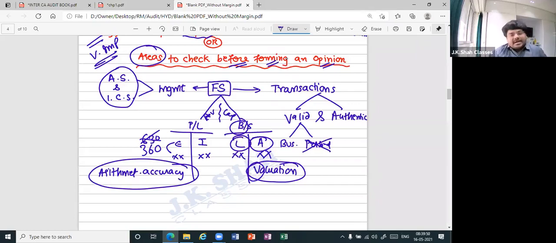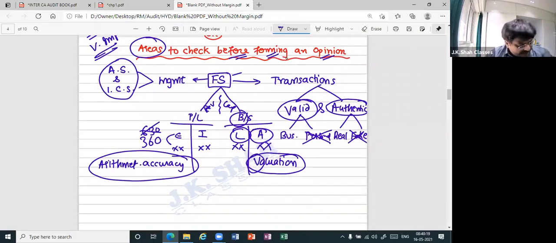But even if it is personal, it can be shown as business. So that fraud is also going to hold good. But to the extent possible, I have to check that the transaction is valid and authentic. What do you mean by authentic? It should be real and not fake. The traveling expense example I gave, 50,000, can be fake also, no? I have to have some bills, some supporting. So the auditor should check whether the transaction is valid and authentic.